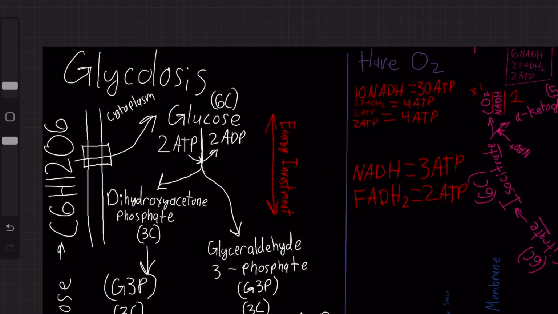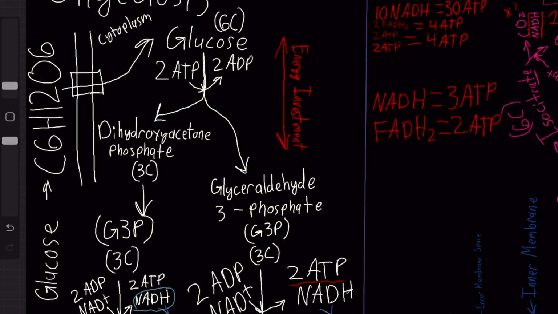Inside the cytoplasm, 2 ATPs are used to break down glucose into 2 different types of molecules. You have dihydroxyacetone phosphate, which is a 3-carbon, and then you also have glyceraldehyde 3-phosphate, which is also a 3-carbon.